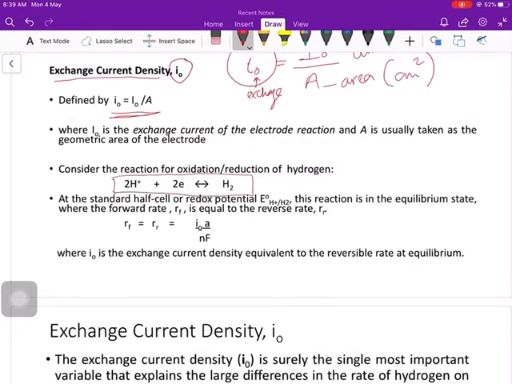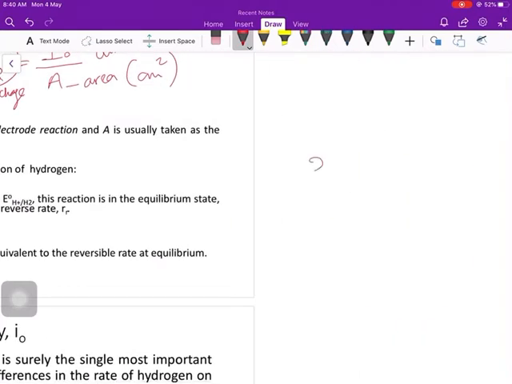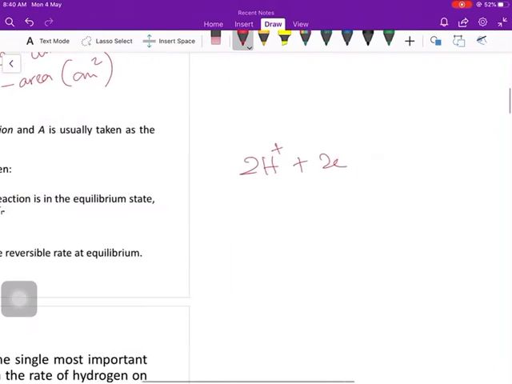Okay, so for example, in the hydrogen evolution reaction, hydrogen ion will reduce to form hydrogen gas. This is a reversible reaction. Let's say two hydrogen ions receive 2 electrons to produce hydrogen gas, and hydrogen gas also can oxidize to form hydrogen ion.